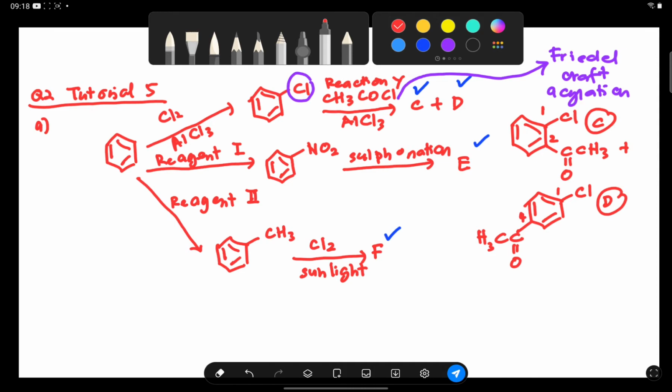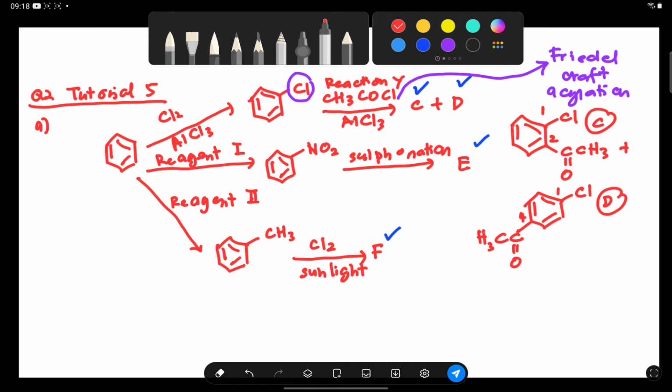SO3H. Am I right? You still remember? Sulfonation. So it will produce SO3H, which is normally when benzene reacts with sulfur trioxide in the presence of sulfuric acid, it will produce benzene sulfonic acid.